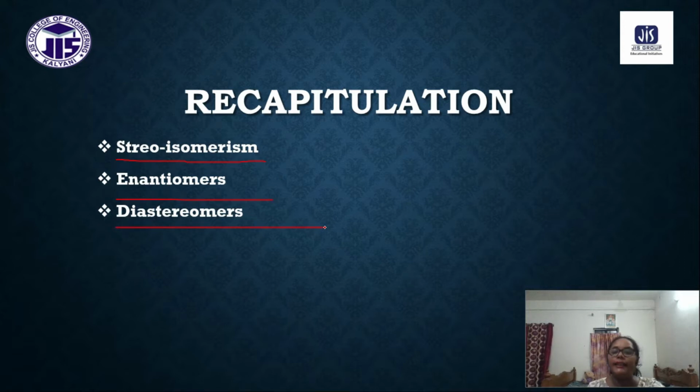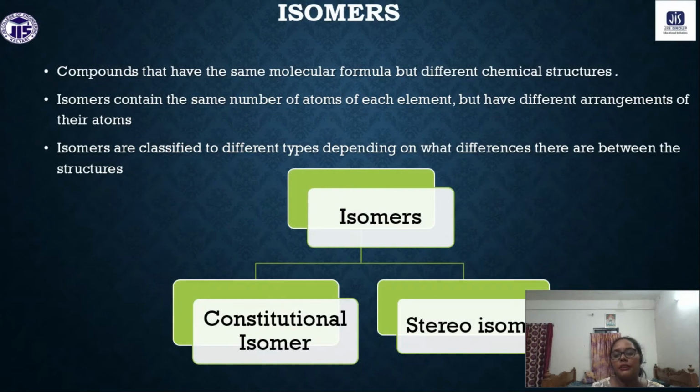Generally, what are isomers? Isomers are compounds that have the same molecular formula but different chemical structures. The molecular formula will be the same, that means the number of carbon, hydrogen, oxygen, nitrogen, whatever it is in our molecule, will be the same for both molecules, but the arrangement of the functional groups will be different, the spatial arrangement will be different.